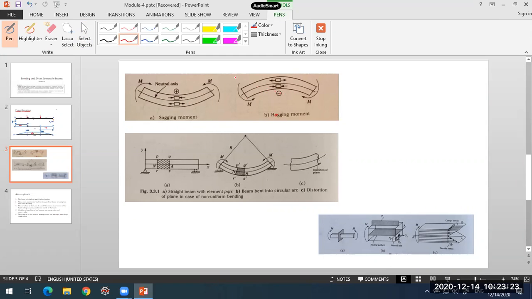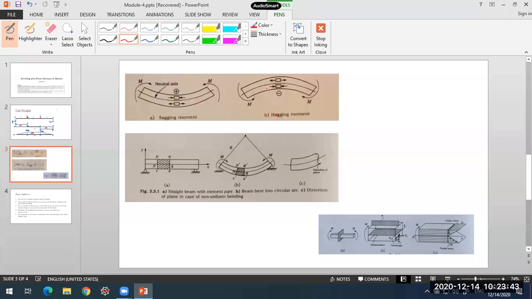Now what is actually happening in this beam under such a situation is, there is something called neutral axis, I'll tell you later, we'll understand that. But what is happening here is the top portion of the beam is getting compressed, and the bottom portion is getting elongated.